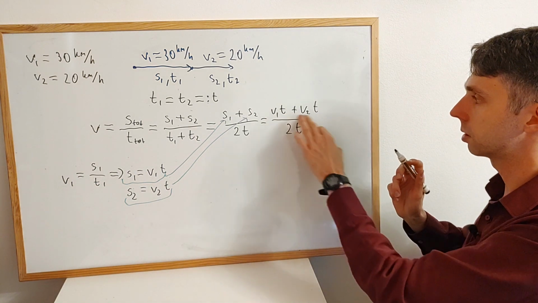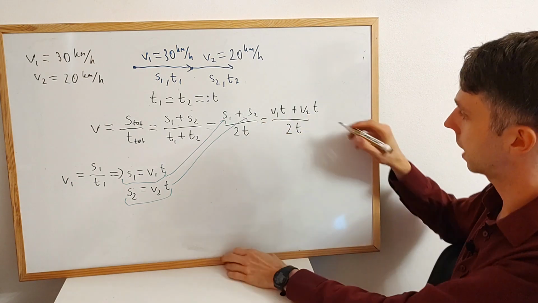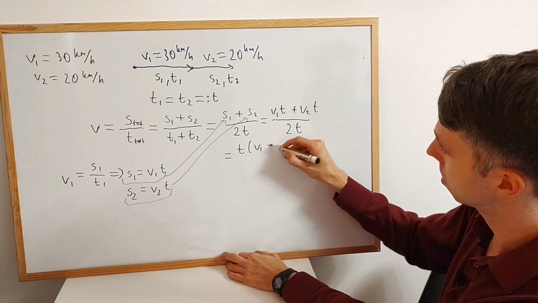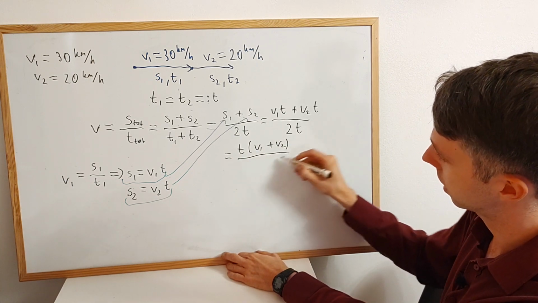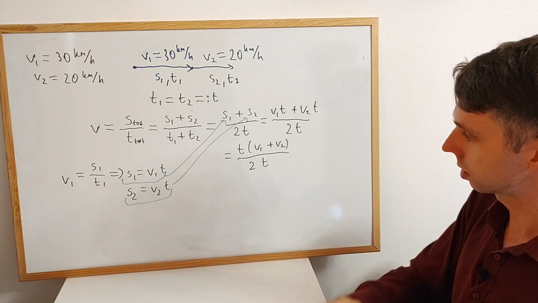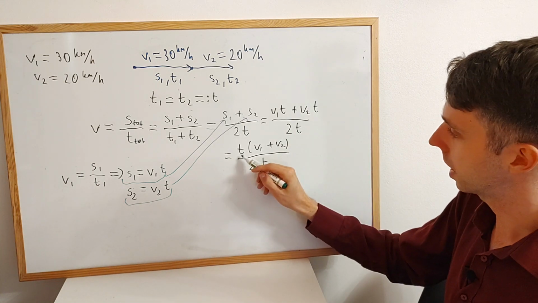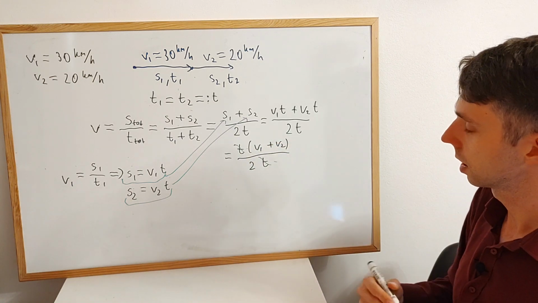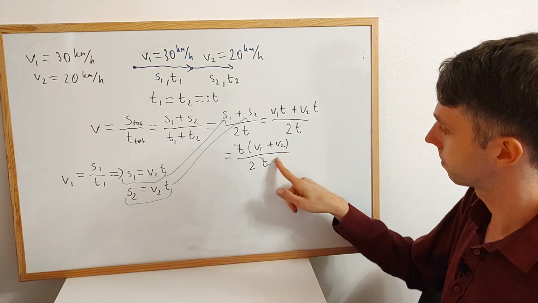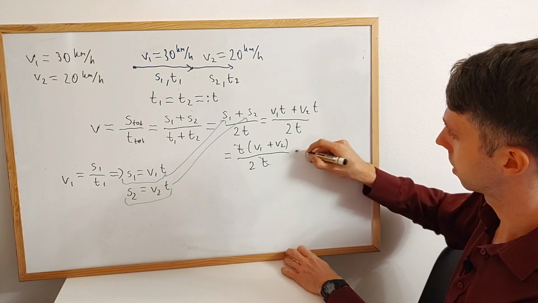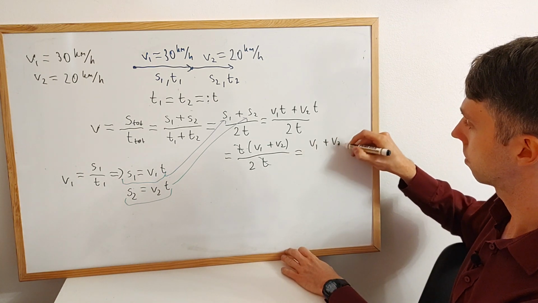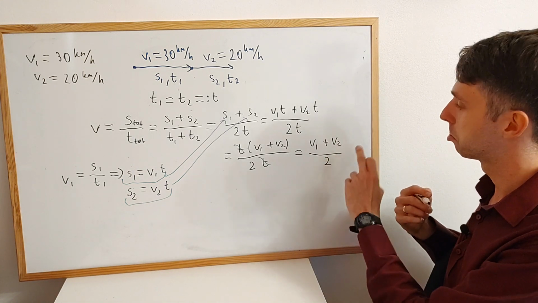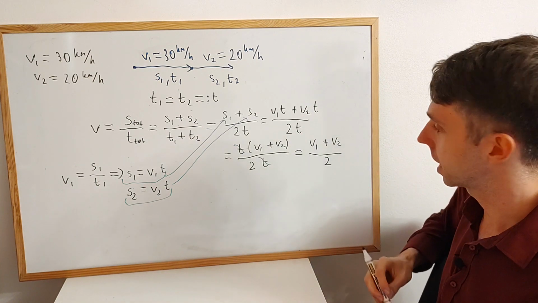So now t is a common factor. So t times (v1 plus v2) divided by 2t. Again, multiplication by bracket and multiplication, so t cancels out, and you have (v1 plus v2) over 2, and this is the usual arithmetic mean.